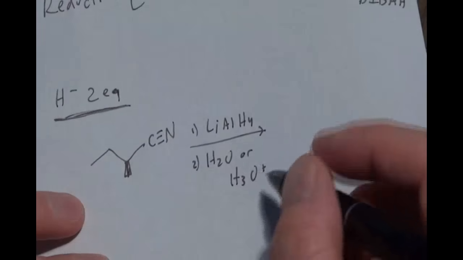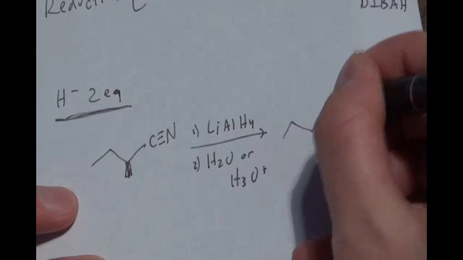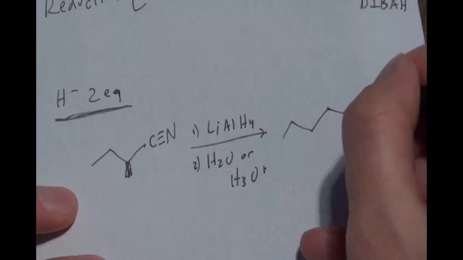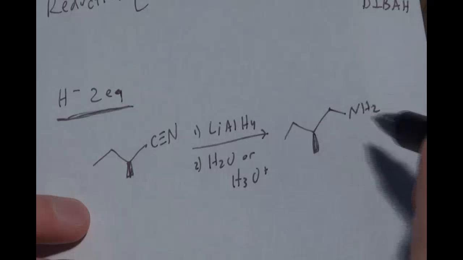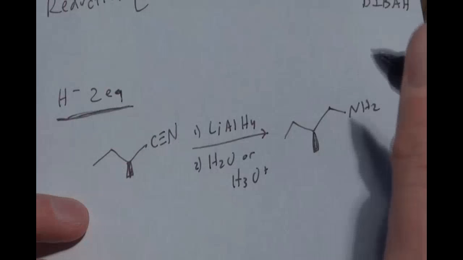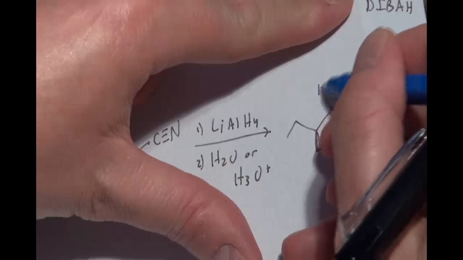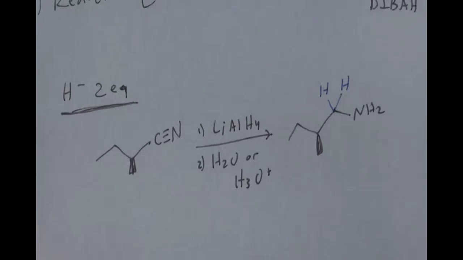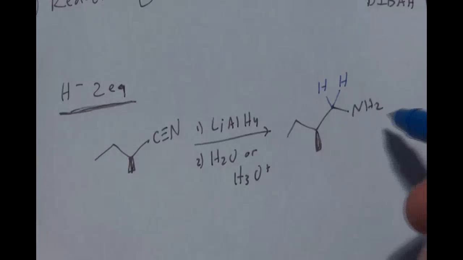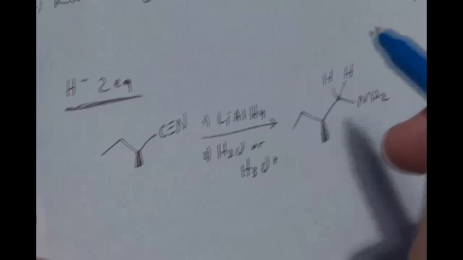And so I'll draw the product first, a primary amine. So primary amine, N with one thing on it, and we add 2 H's. What are the two H's? There are the 2 H's that we're adding in this process, and then the NH2 protons come from water.